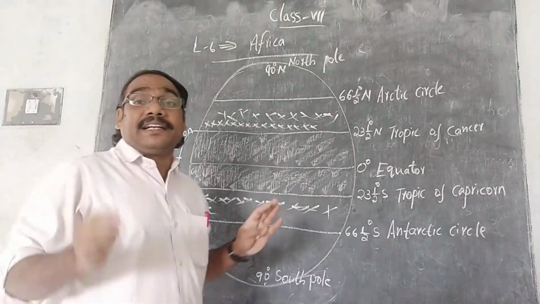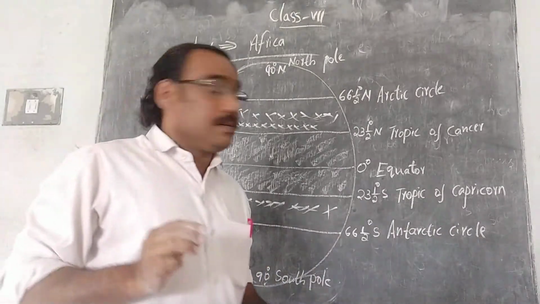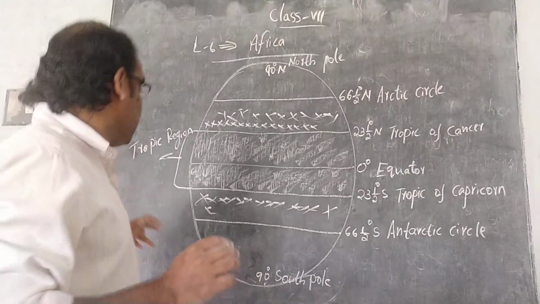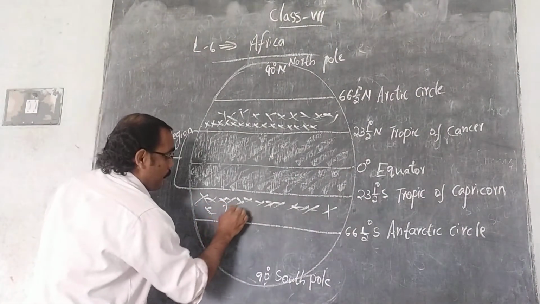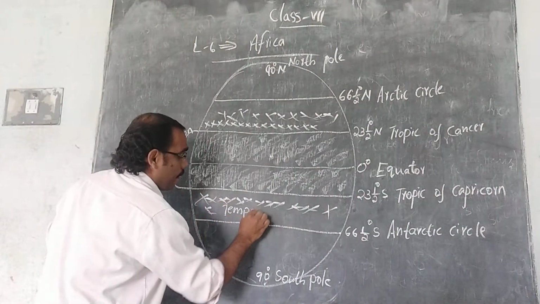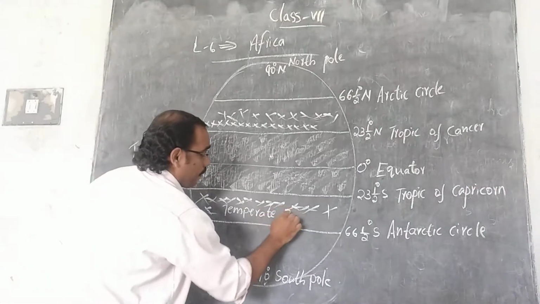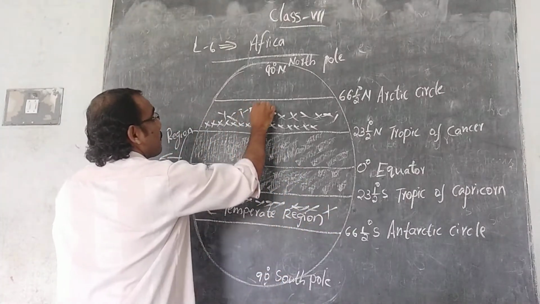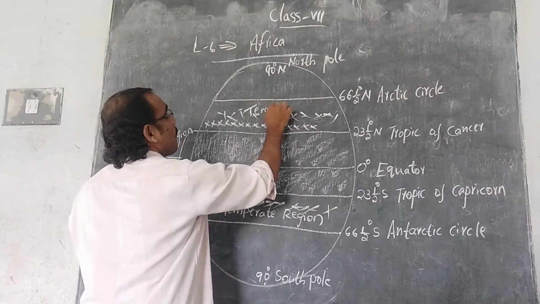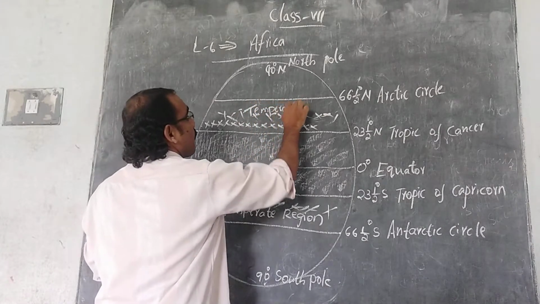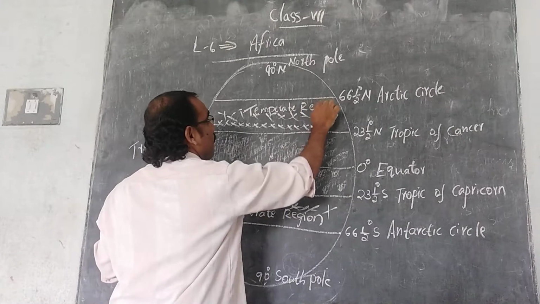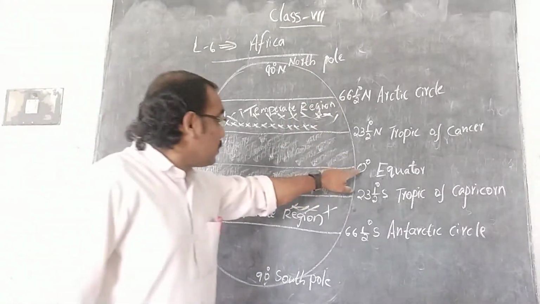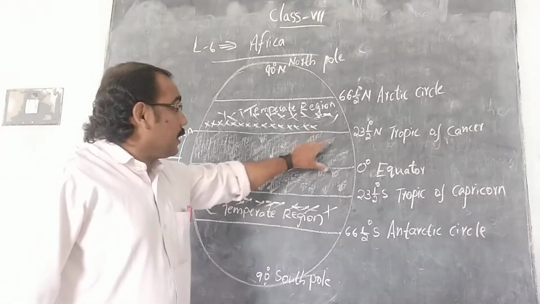This is temperate. So the first one is known as tropic. Now this is temperate. So clear?